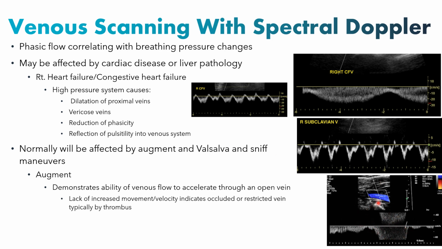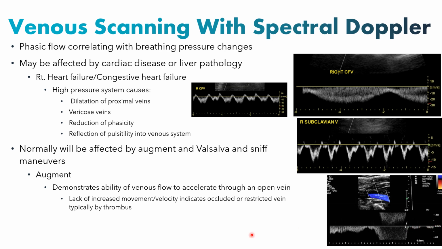Here's an example where they were watching normal phasicity, and this looks like probably a superficial femoral vein. By grasping that calf and compressing the veins, it would have shoved a lot of blood flow forward, and you can see that in this big spectral whoosh pattern. Then as you let go, it goes back to its normal phasic pattern.